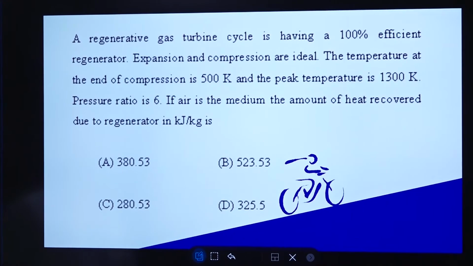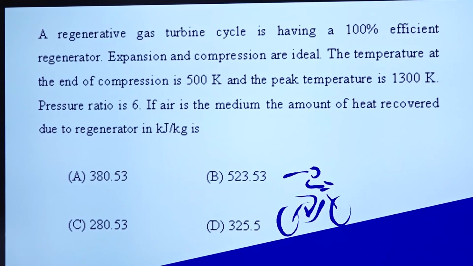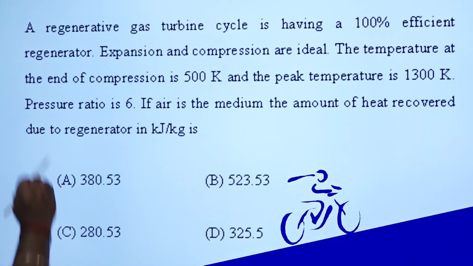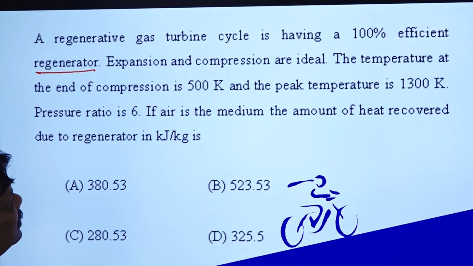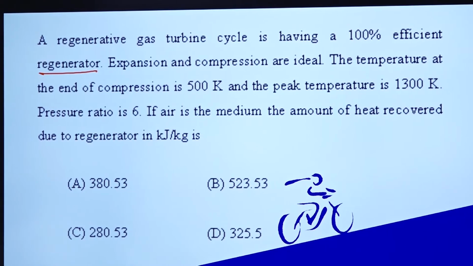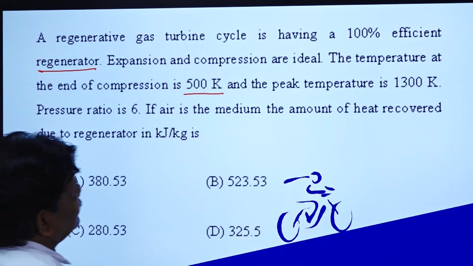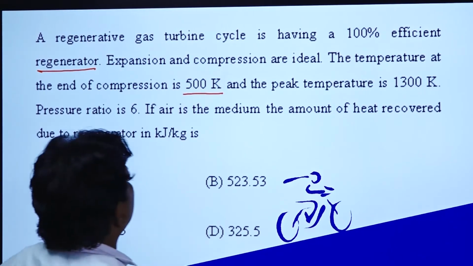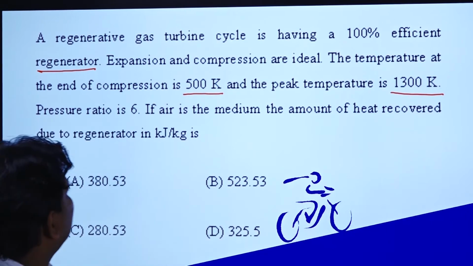The next is: a regenerative gas turbine cycle is having a 100% efficient regenerator. Expansion and compression are ideal. The temperature at the end of the compression is 500 Kelvin, and the peak is 1300 Kelvin.